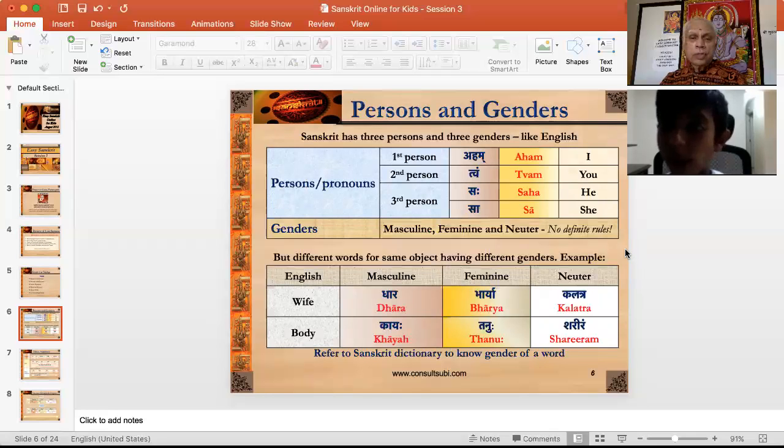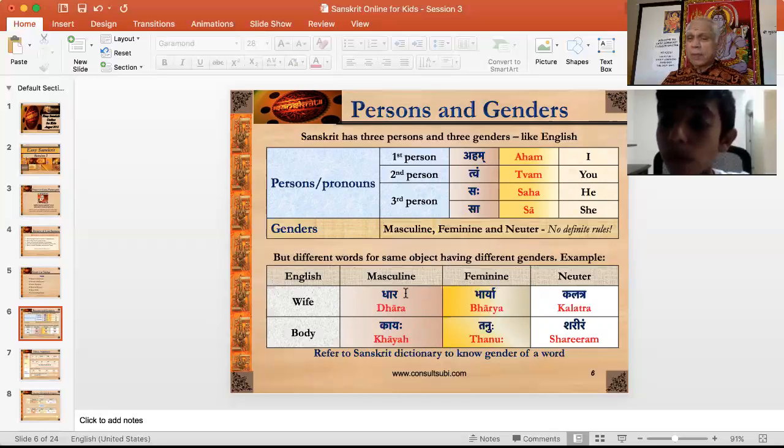Now, when you come to genders, Sanskrit is different. There is no definite rule. In fact, it's sometimes very funny, you know. If I show you the example here, you take the word, for example, wife, okay? You can call it dhara in Sanskrit, which is actually masculine.